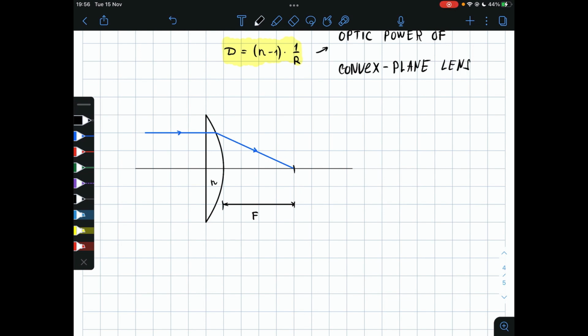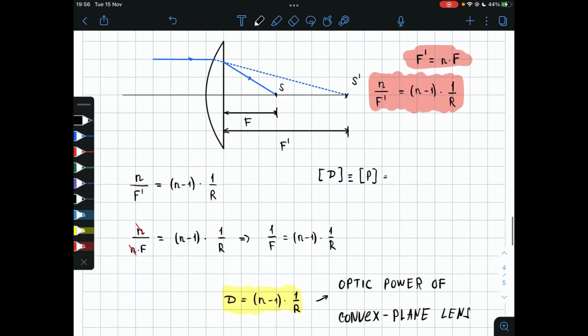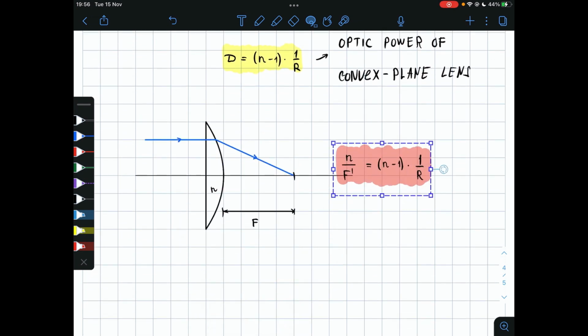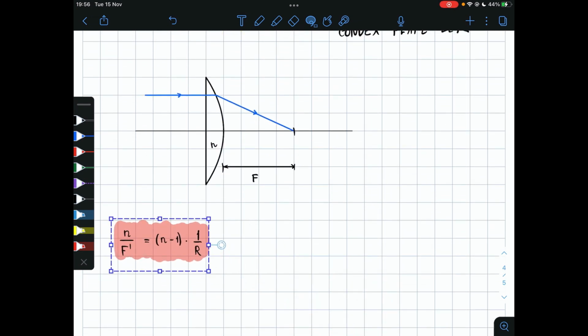It means that the n in this formula, let's duplicate it and move it here, will be changed. We cannot use this n, because n prime will be 1 divided by n.